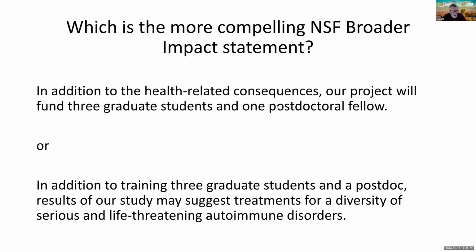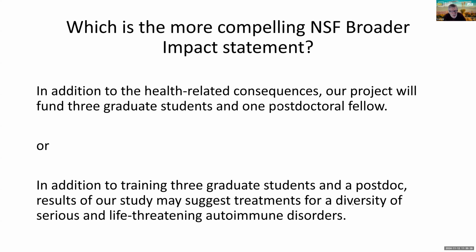The PI is stepping away from the problem that they're solving, and they're simply talking about who's going to be educated here. And sometimes in addition, you will see, and we're reaching out to elementary school students, and I have a high school summer program.